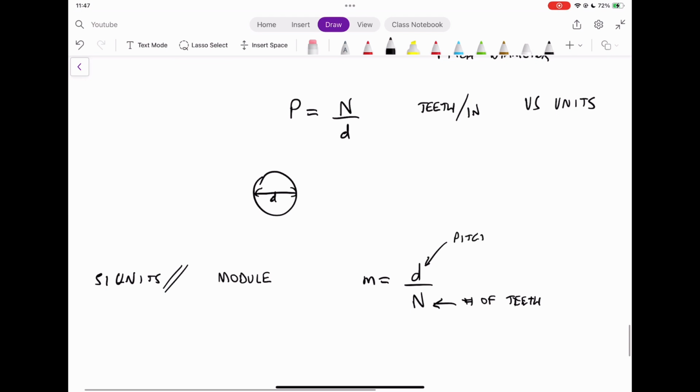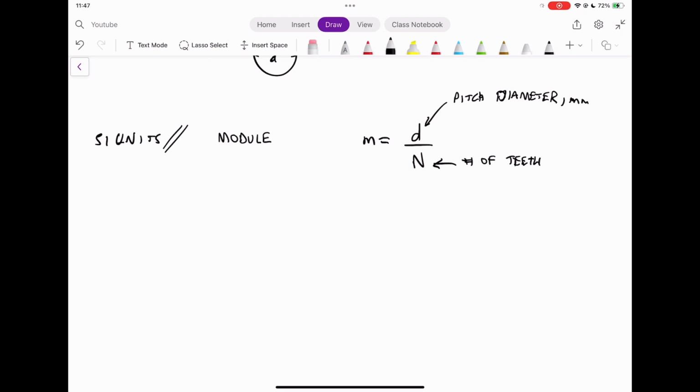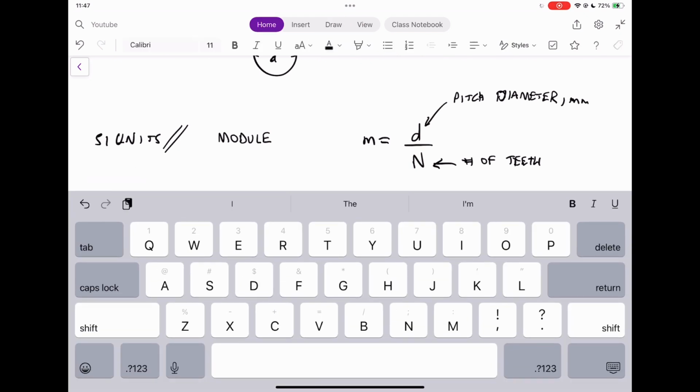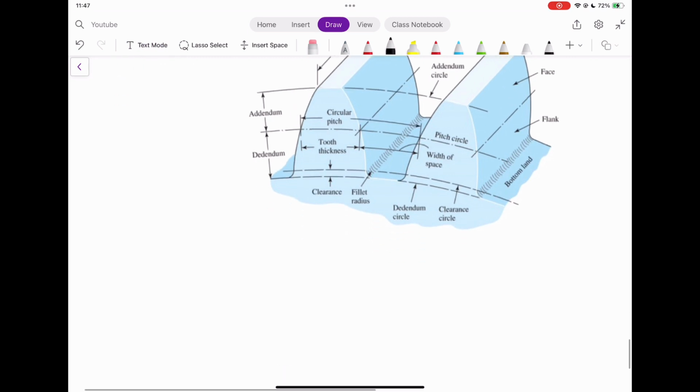Instead of N over d, it's d over N. And the pitch diameter is now in millimeters and not in inches, so the numbers will be different. But you can use either as part of your analysis, but usually we'll try and stick with diametral pitch, except in some problems with SI units, we'll also do it with module.